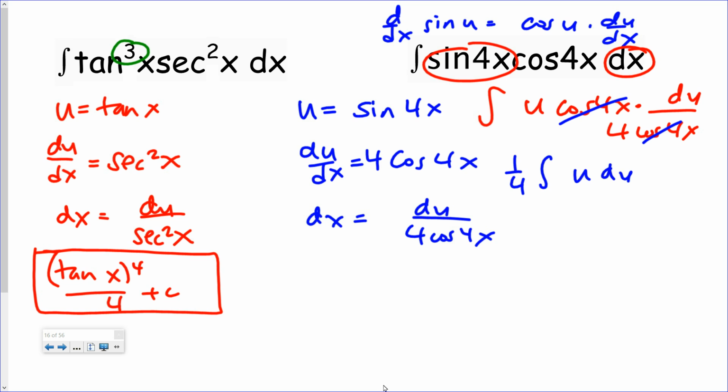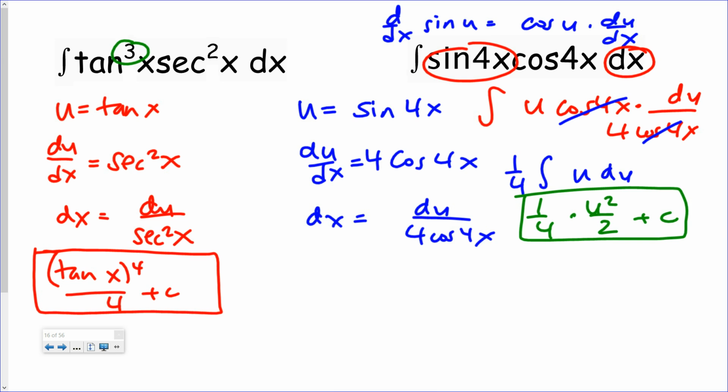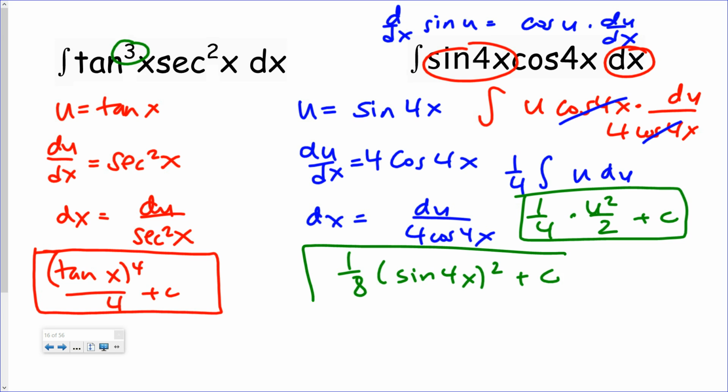Is this a problem that I can do? Yes. It's an easy reverse power rule. So it's 1/4 times u squared over 2 plus C, and that's my answer. It's just the wrong answer. You need to go back and put your u back in. So that's sine 4x squared plus C. And there's your answer.